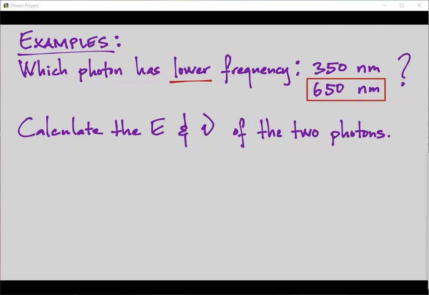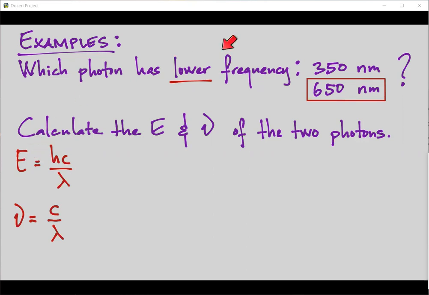It says calculate the energy and frequency of the two photons. We're going to need two equations here because it's asking for energy and frequency. For energy, we can use this equation. You can use the other one as well, but you would have to figure out what the frequency is first.